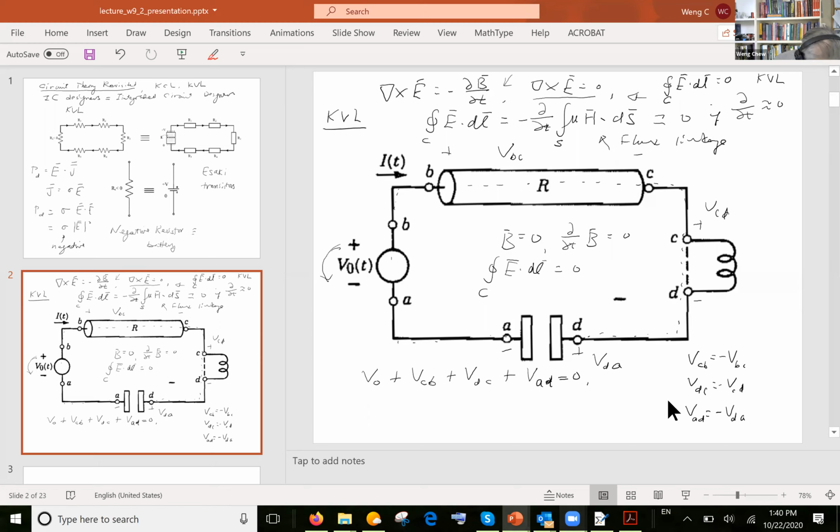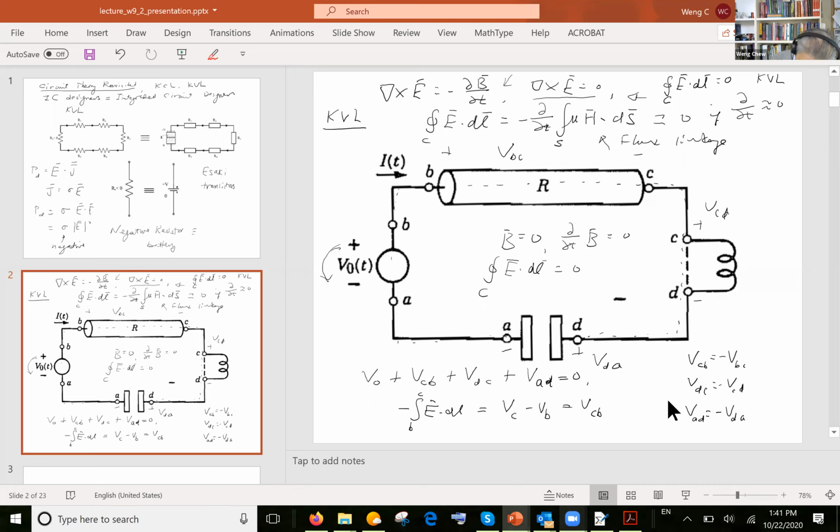And I'm defining it such that if I were to integrate E dot dl from a point A to B, for instance, from the point B to C, then it would be VC minus VB, and then it would be VCB.